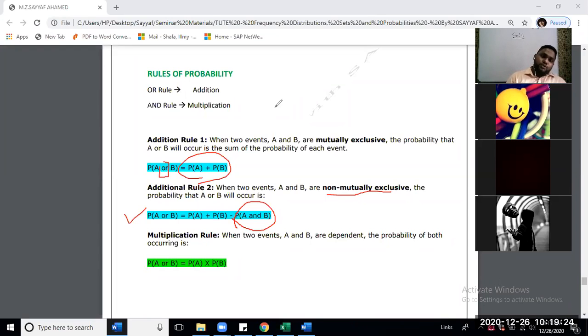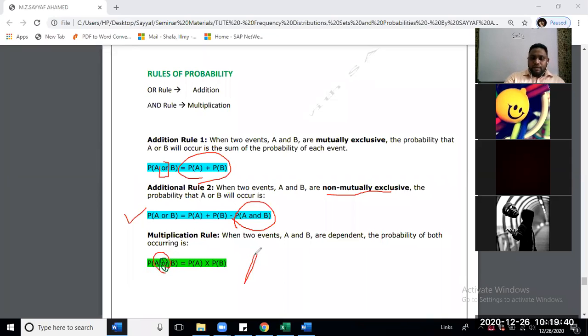And the multiplication rule. When it comes to the multiplication rule, there's a small typing mistake in this. It has to be P and it's not O. There's a typing mistake from the typist.